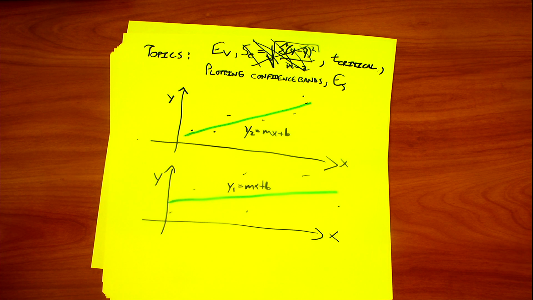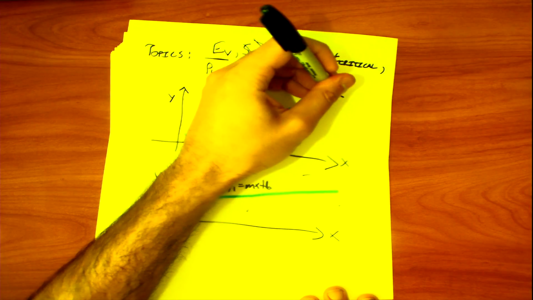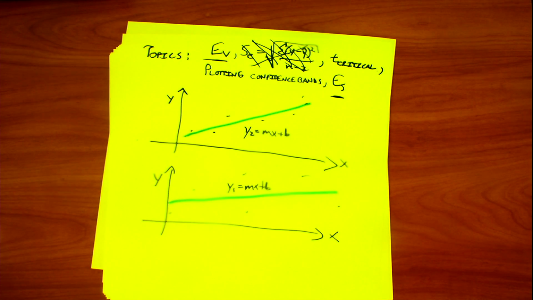So knowing the uncertainties associated with your trend lines is kind of a big deal, and that's what EV and ES are. They start to quantify what those uncertainties are in different ways.